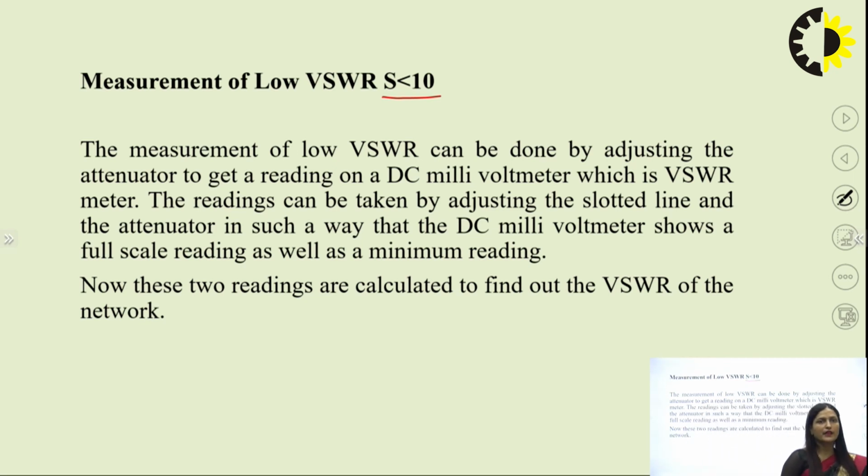The reading can be taken by adjusting the slotted line and the attenuator in such a way that the DC millivoltmeter shows a full scale reading, as well as a minimum reading. It means it will be able to go between minimum and the maximum value. Now, these two readings are used to find out the VSWR of the network.